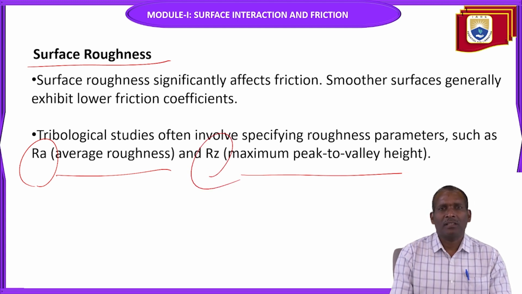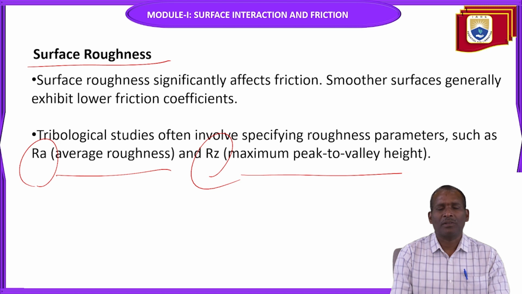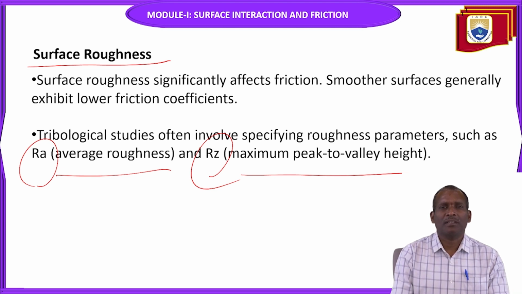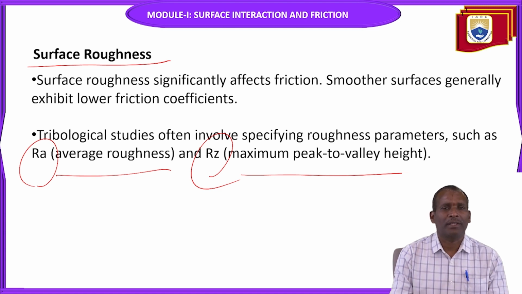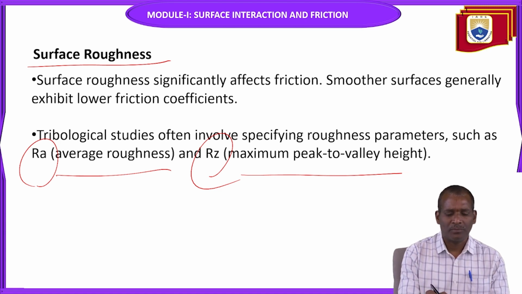That's why in mechanical engineering, when preparing a machine drawing, you should use the surface roughness values. How much surface roughness value is used, what is the condition of the surface, you should mention in that drawing with the help of some symbols.